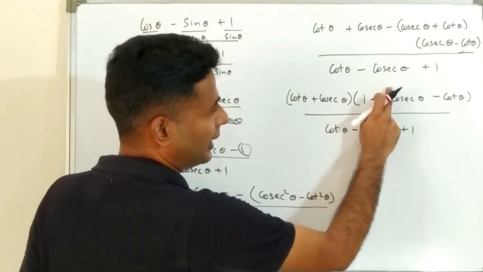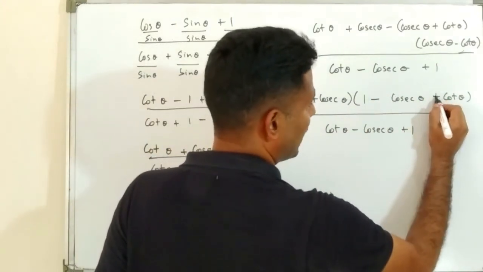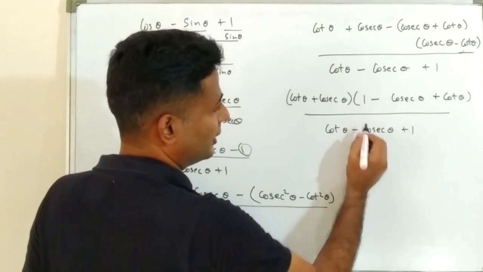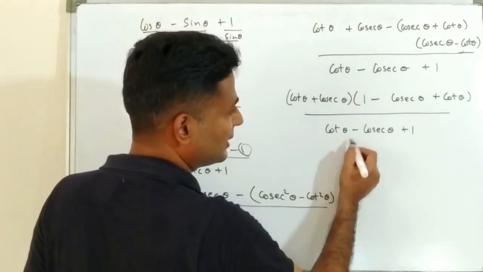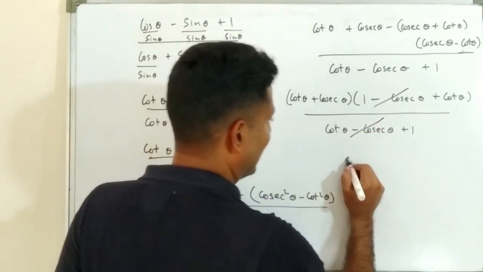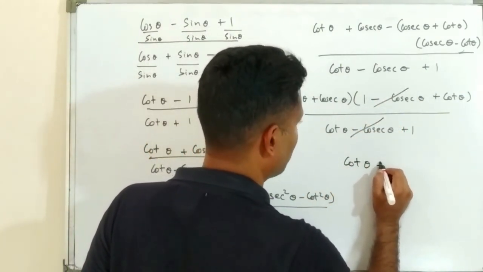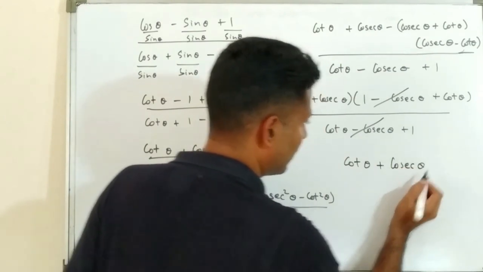Now when I open this bracket, it will become minus cosec theta plus cot theta. If you observe, this and these are the same: cot theta minus cosec theta plus 1. So this and this will cancel. We'll get the answer as cot theta plus cosec theta.